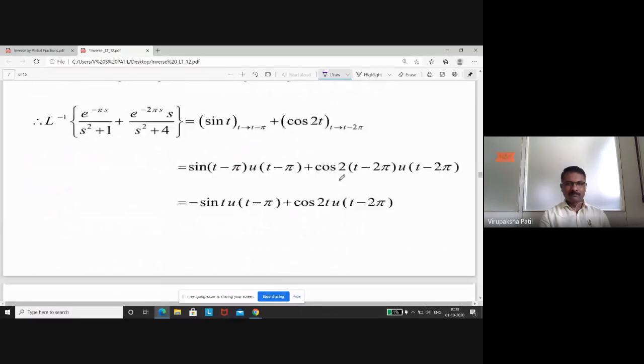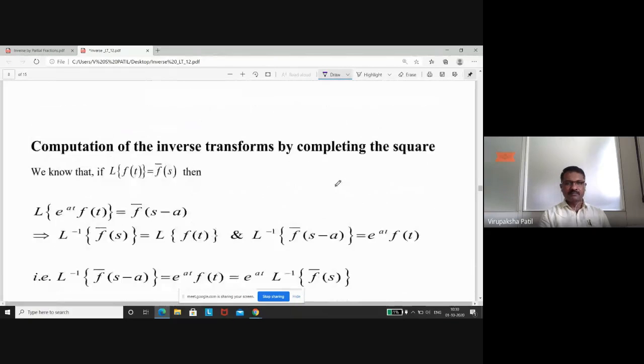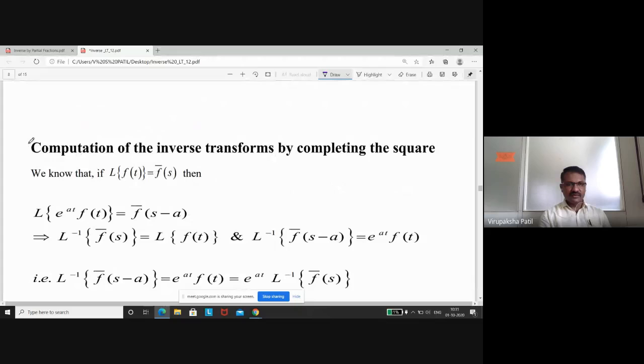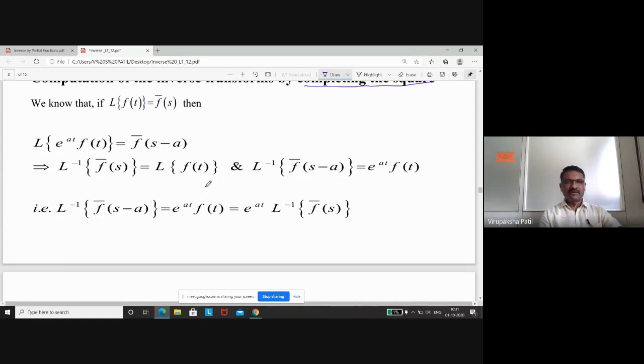Immediately after that, what we did in the last class, this is a very important point, we took finding the inverse of the Laplace transform, that is, expressing functions of s in terms of t by using the inverse Laplace transform by completing the square. By completing the square, here you definitely need to concentrate on the denominator.